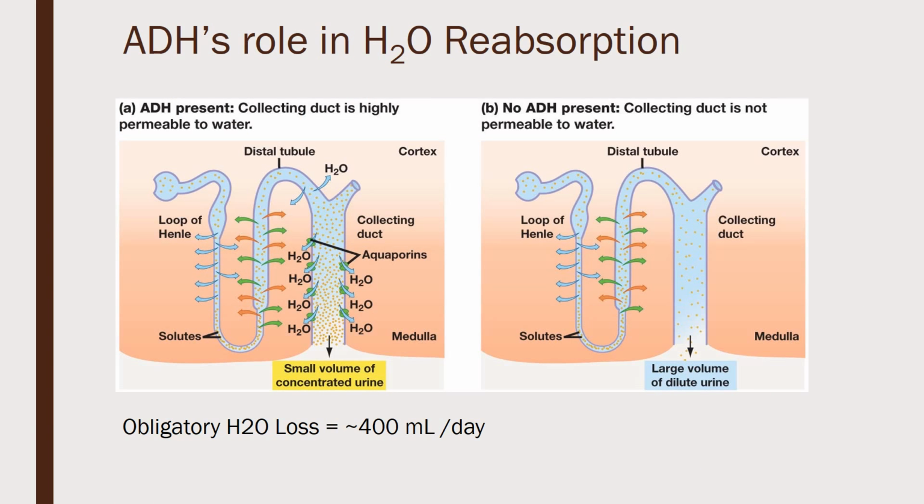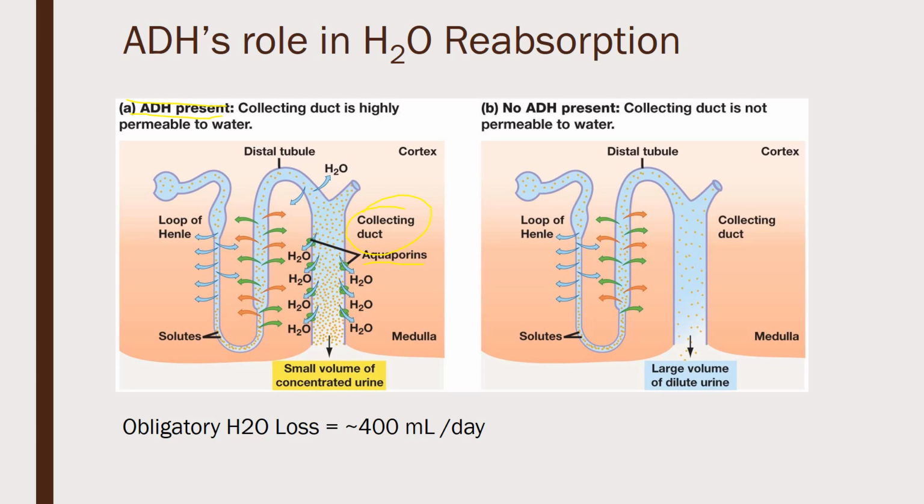The major determinant of the permeability and passive water reabsorption in the collecting ducts is ADH, antidiuretic hormone, or vasopressin, as we've seen before. When ADH is present, it helps to stimulate insertion of aquaporins, which are found within the membrane of the collecting duct.